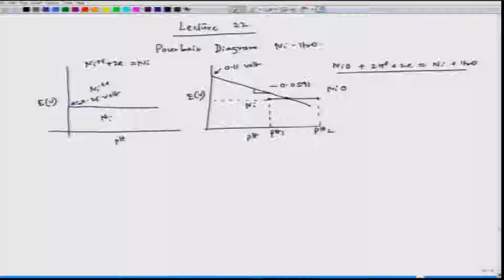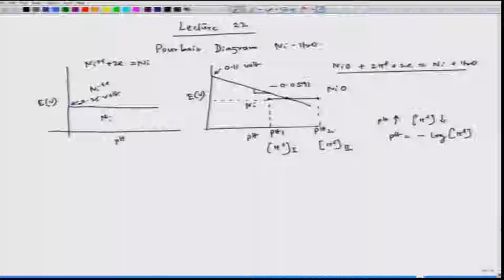Let us see that when it is pH 1, what is the hydrogen ion concentration. So, at pH 1 the hydrogen ion concentration is, let us say, 1, and here H plus 2. Now, if we increase pH, the concentration of H plus ion decreases, since pH is equal to negative log of H plus ion concentration.